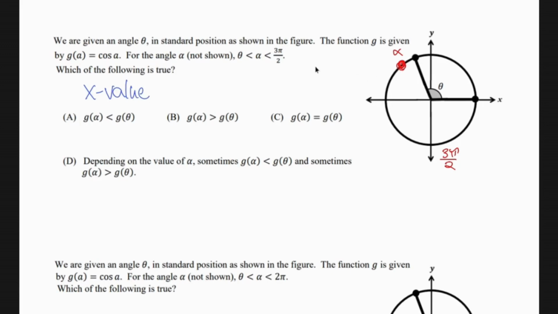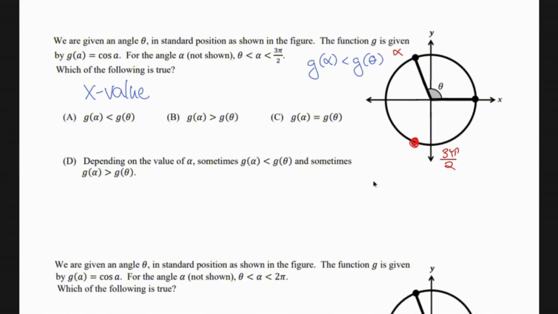So if the x value on the red dot is to the left of the x value of the black dot, we at this moment can say g of alpha is less than g of theta. Is that always going to be the case? Right now it is, it still is, because it's to the left of it, but wait a minute.